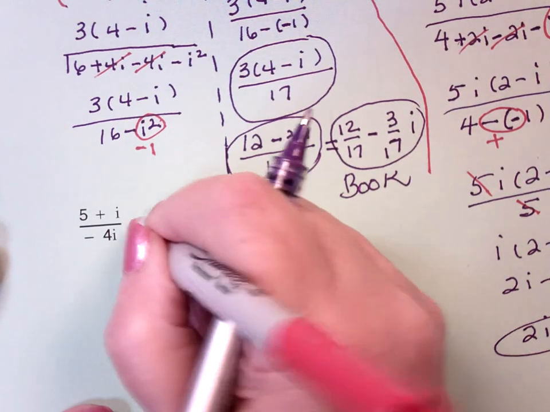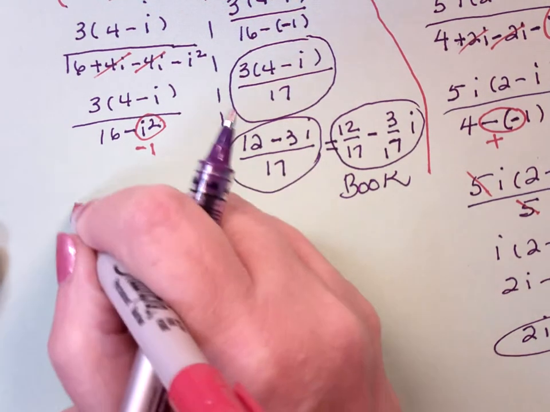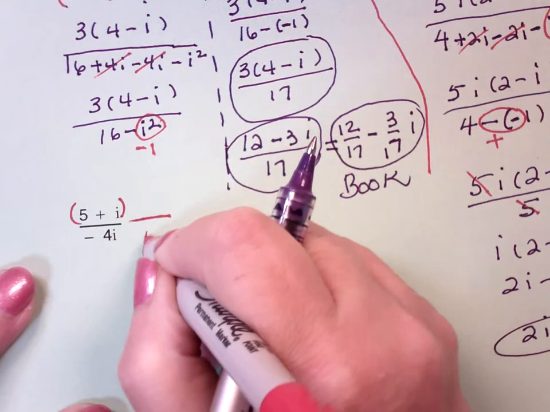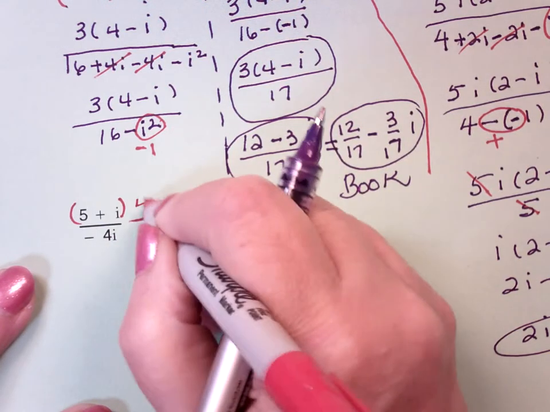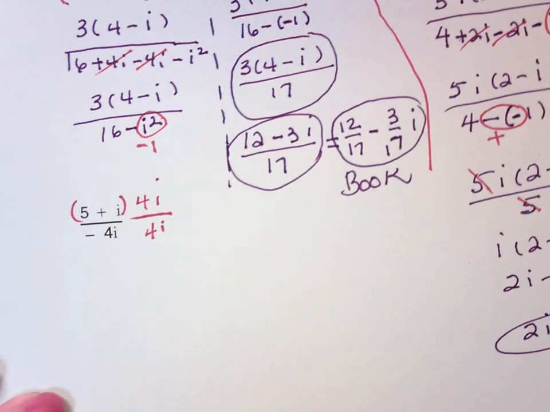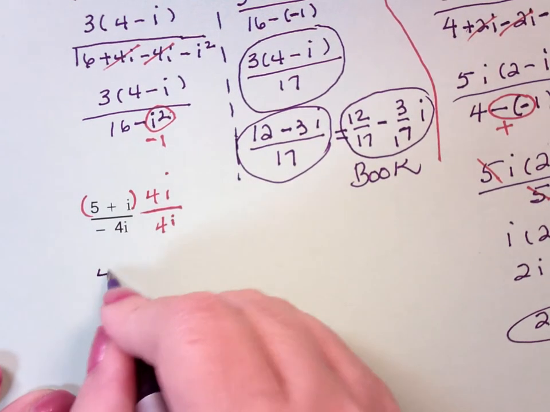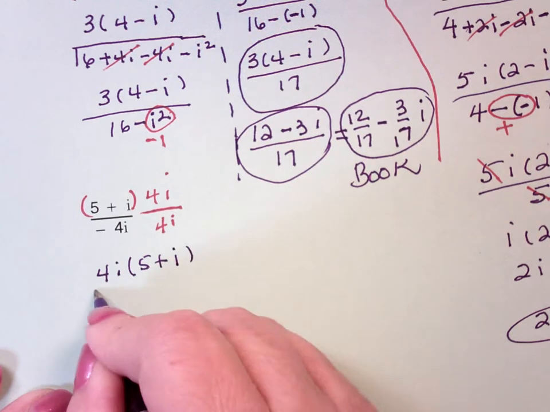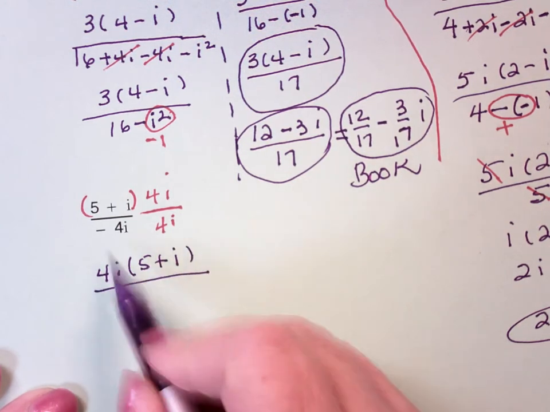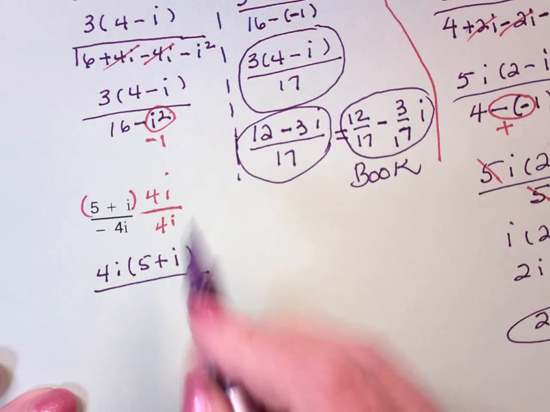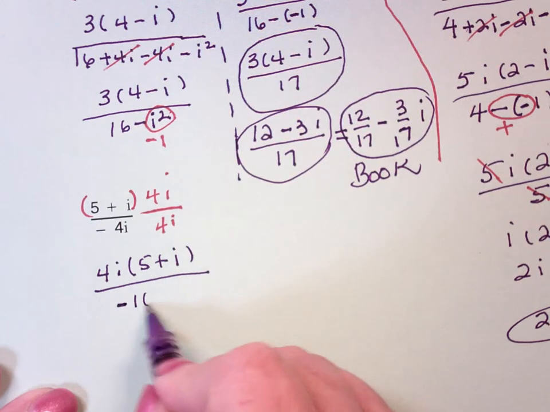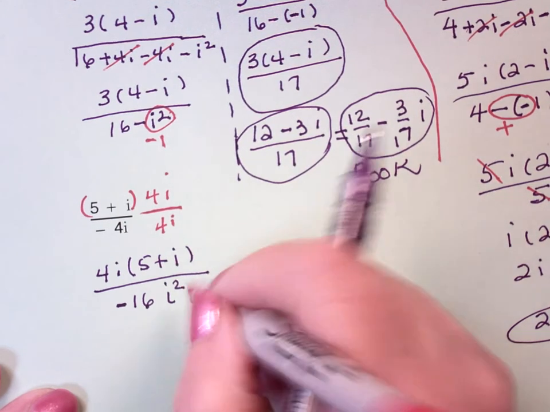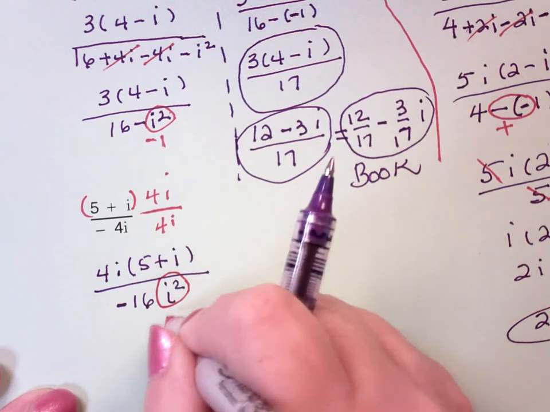So in this case, the conjugate of minus 4i is plus 4i. So this becomes 4i times 5 plus i over negative 4 times positive 4 is negative 16 i squared. So we know that i squared is negative 1.